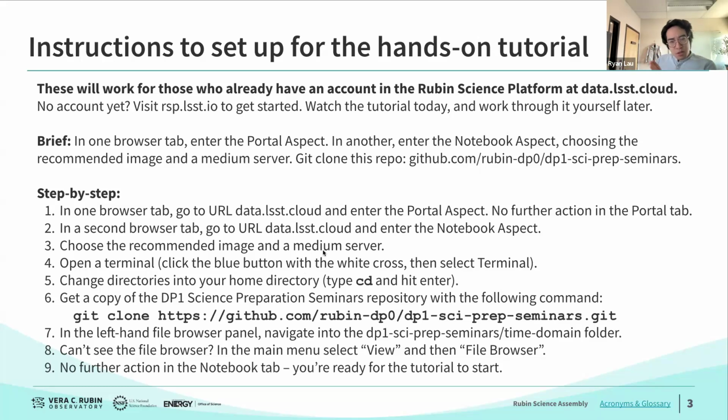And since I think you all have a link to the slides, I'm not going to go through this in detail. But basically, you're going to want to open up a terminal in your notebook aspect of the RSP, and then just do a git clone of this thing here. If you have the slides, you should be able to copy and paste this. And then maybe someone from the community science team could also post this in the chat if it might already even be there. And then you just paste that into your terminal window, and then you can get the notebooks that we'll be looking at.